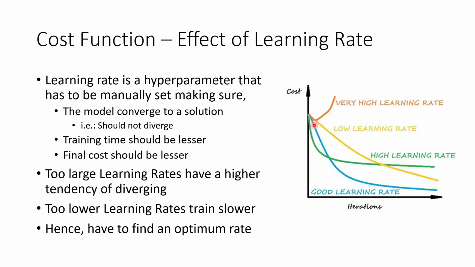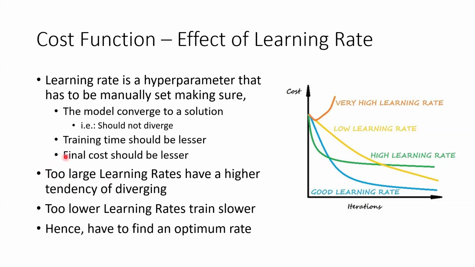When you're taking a good learning rate, it would optimize the training time compared to the lower learning rate, and it would reduce the cost further than the higher learning rate, so that it comes to the optimum cost in a fast way, right? That is how you should consider which learning rate to select, right?